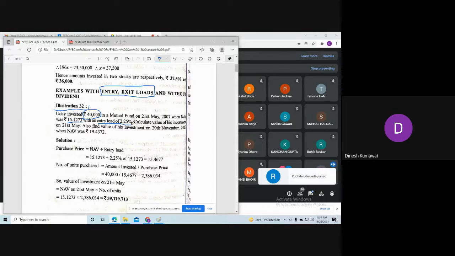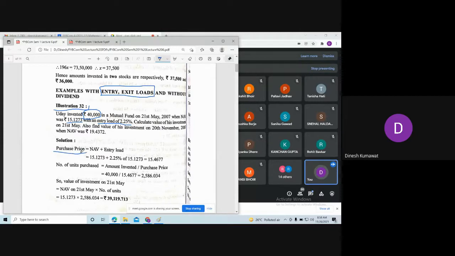For finding the purchase price, we are going to add this entry load on the net asset value. First, we find 2.25% of this net asset value, and after calculating that, we add that amount to the net asset value of purchase to obtain the purchase price.